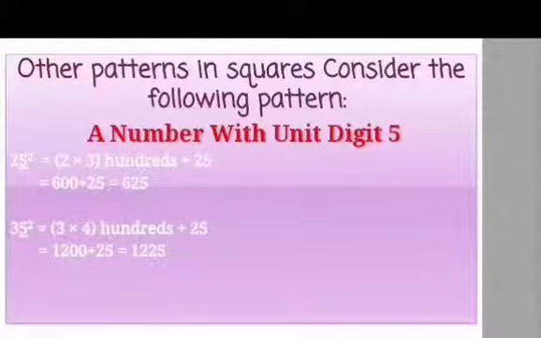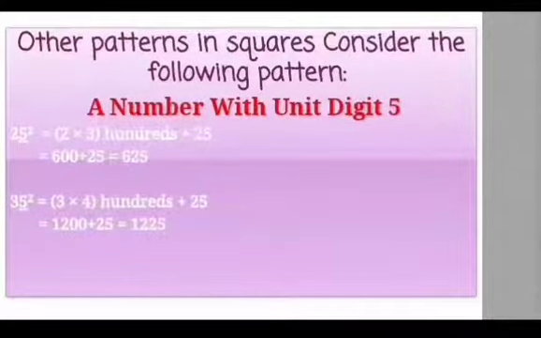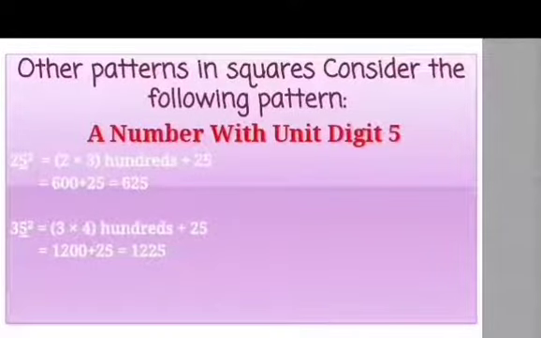Let's have one more example. 35 square. Here, as the number is ending with 5, we can follow the above pattern. First of all, we'll multiply the tens digit with the successive number, meaning 3 multiplied by 4, which equals 12, and then we will multiply it with 100.